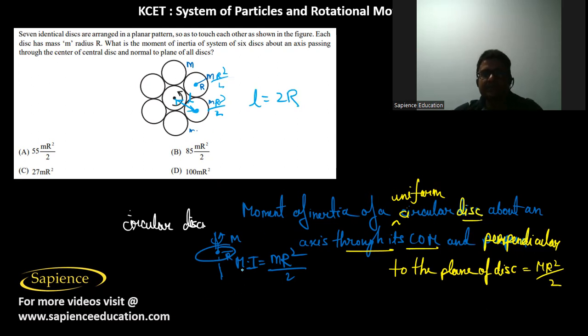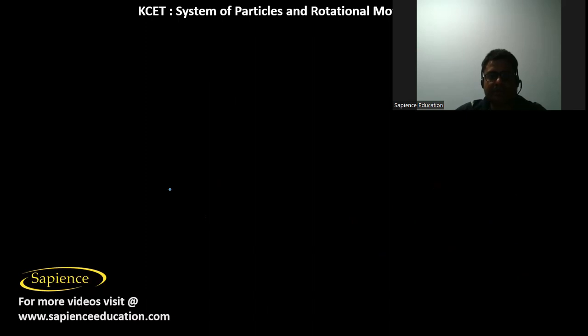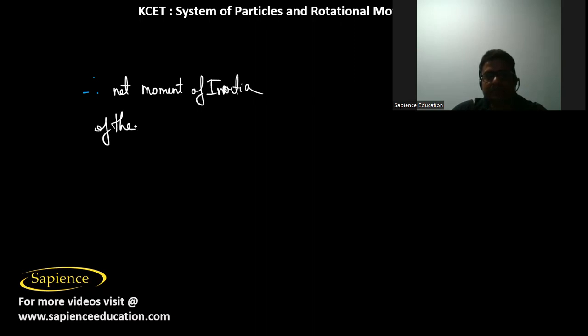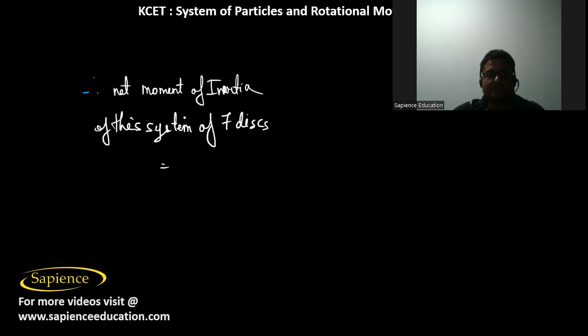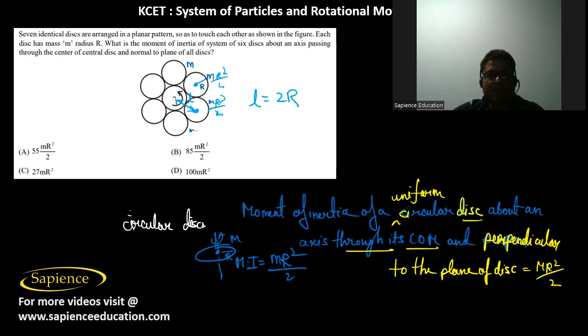So therefore the net moment of inertia of this system of 7 circular disks will be equal to I1 for the central disk.